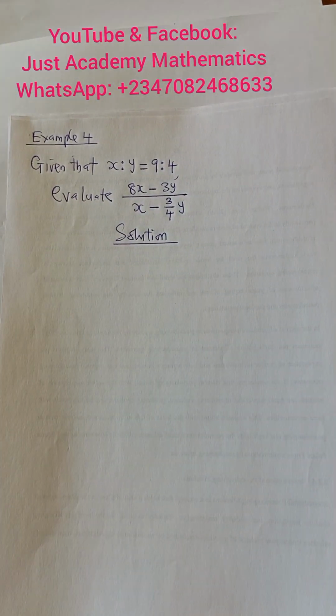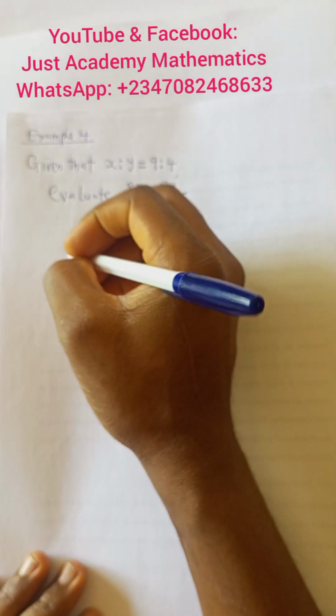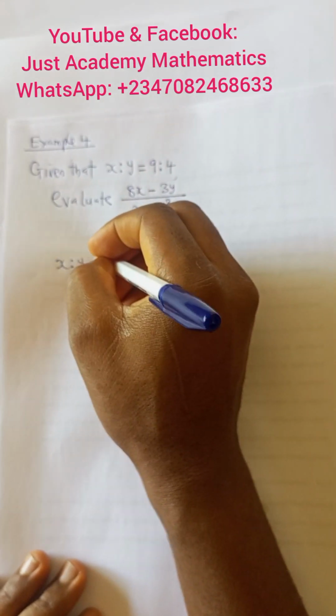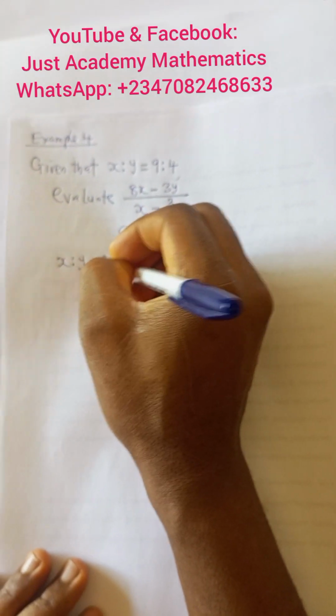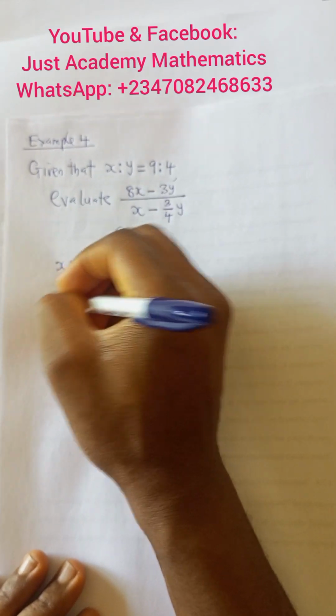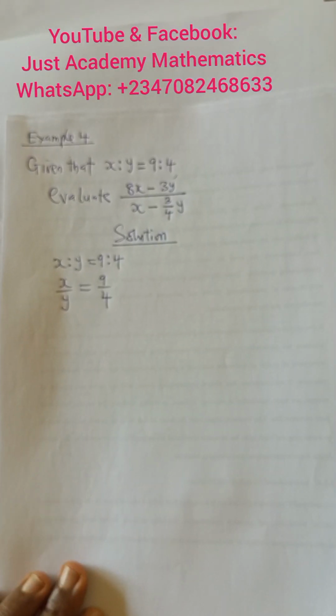Okay, look at this now. They want us to evaluate this. Look at number 4. Now, you already know what the ratio means. If X ratio Y is equals to 9:4, it means that X over Y is equals to 9/4, because ratio means division.